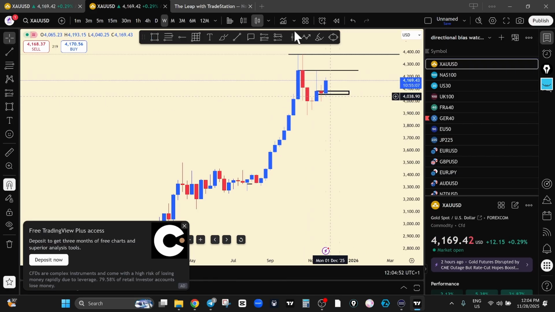This area here, if price trades back to that area, I want to load up to give me the all-time high. If not, if you have a break above this level, maybe next week, I want to trade the retest.